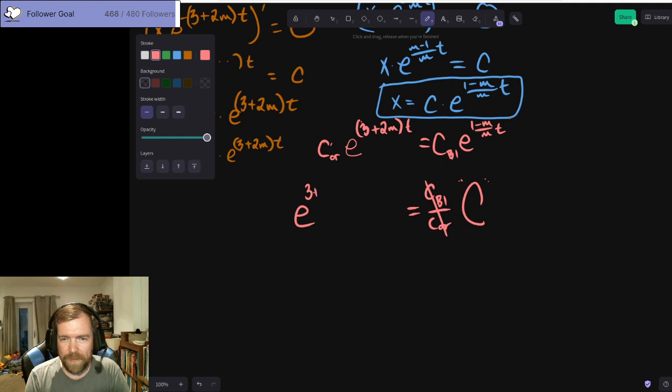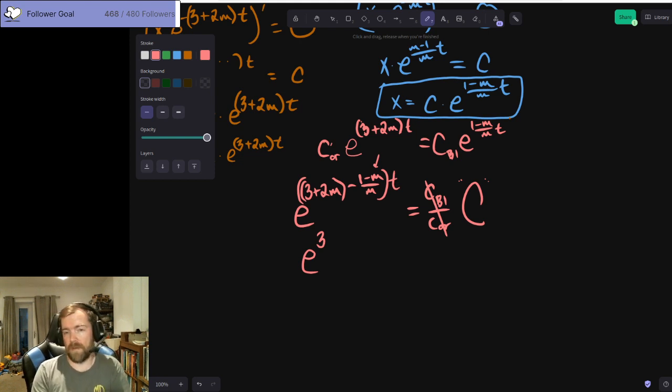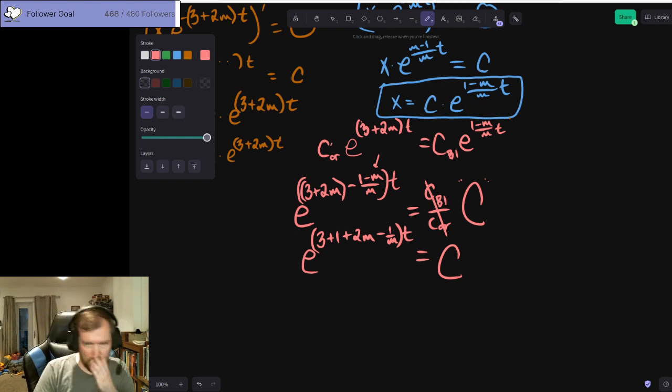And then we get 3 plus 2m, and in this case we're going to subtract our exponents from each other. So 1 minus m over m all times t. Okay, so here we're going to get a 3, and then from over here we're going to have a negative m divided by m, and then the negative out front of it, so that's going to be plus 1. And a plus 2m minus 1 over m, which times t is equal to some constant.